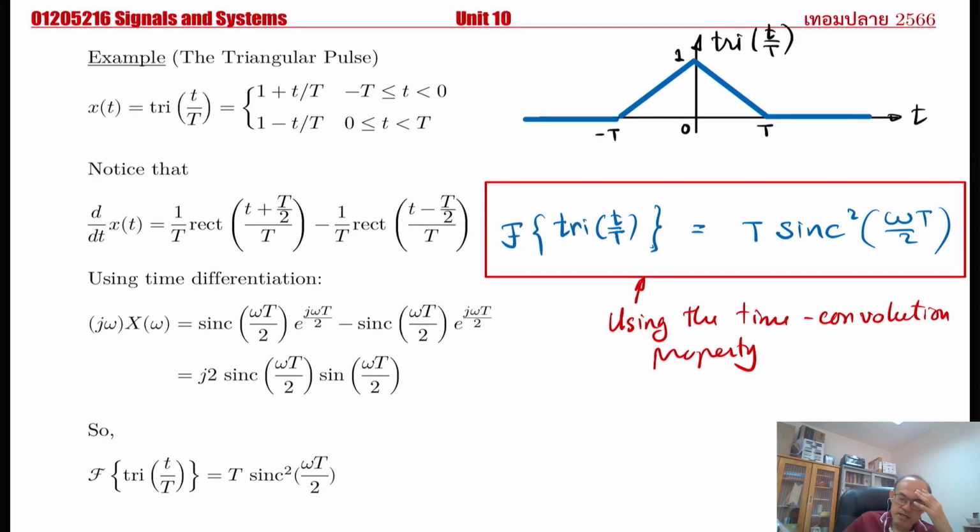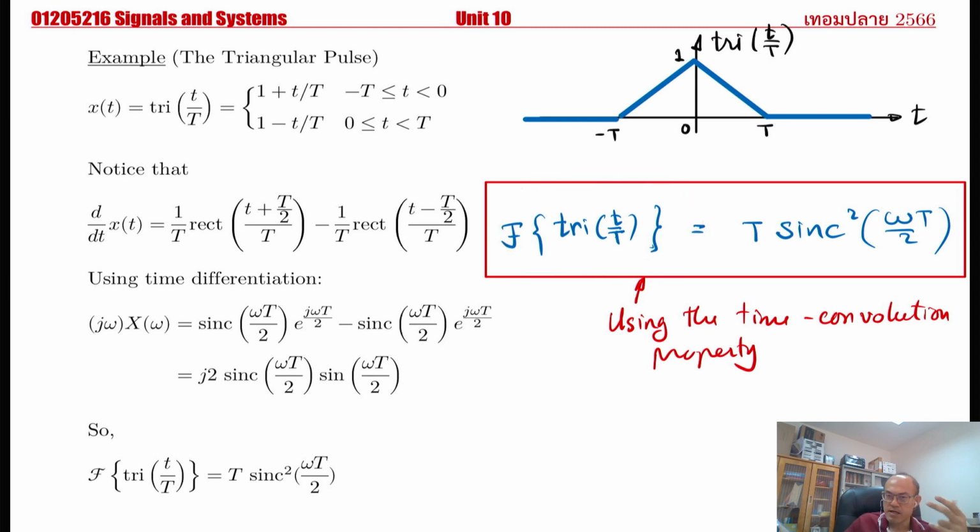Okay, so here we have this one. And this is another method, another approach in finding this.